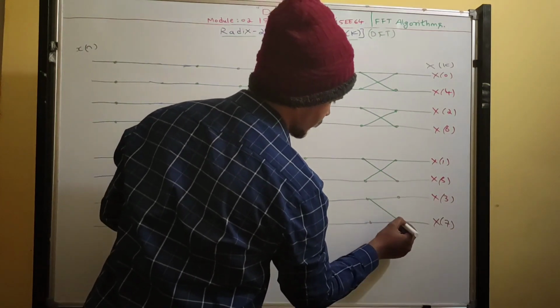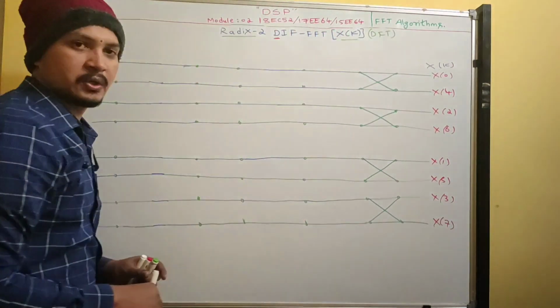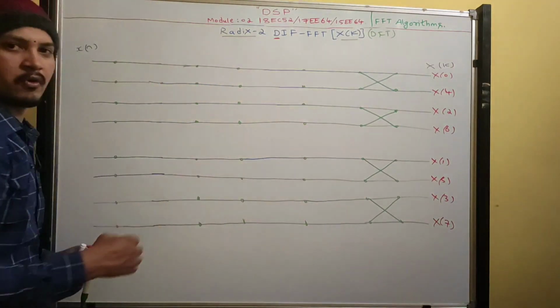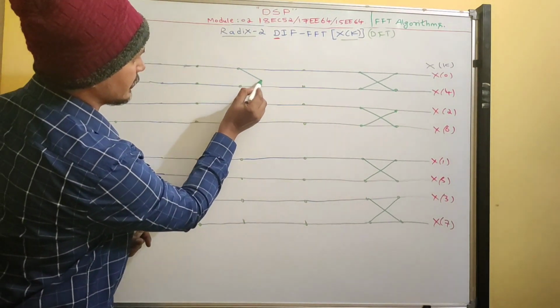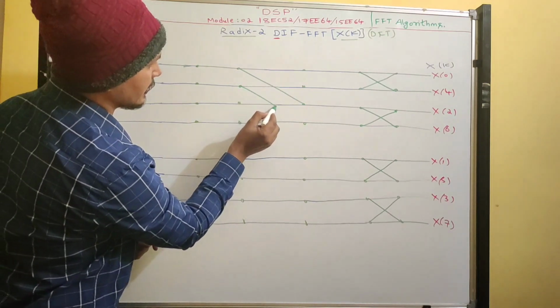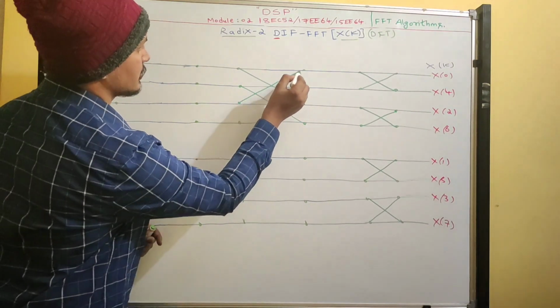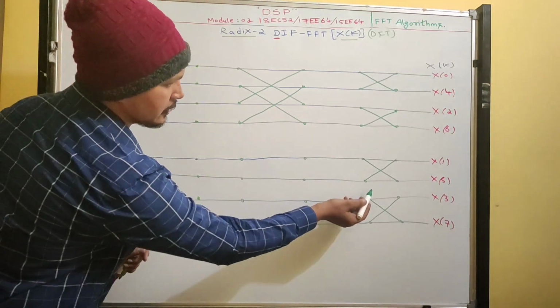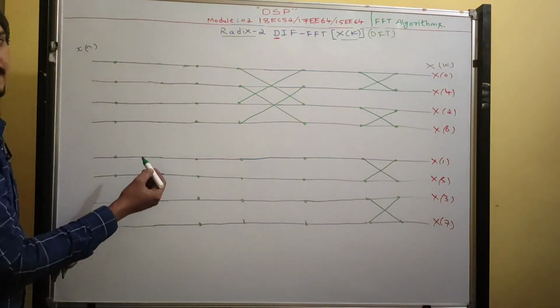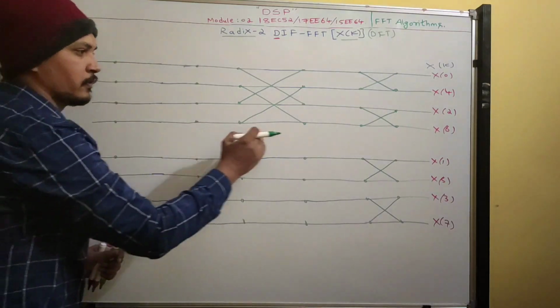Once you write 2-point, then come for 4-point. This will get connected to here, this will get connected to here, and this is connected here. This is 4-point. Once you write 2-point, later 4 and then 8. If 2-point started here, then 2, 4, 8.